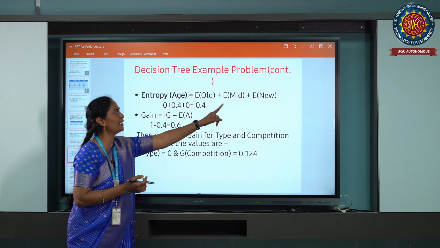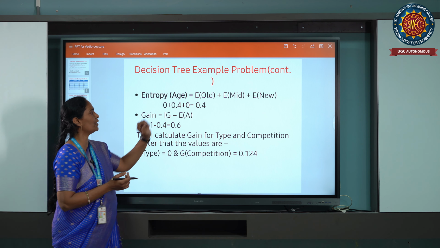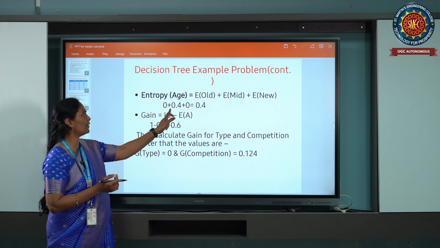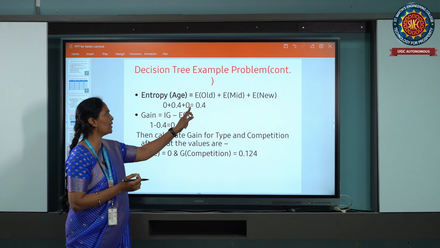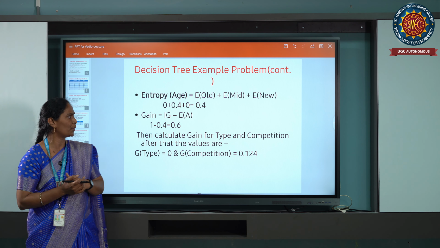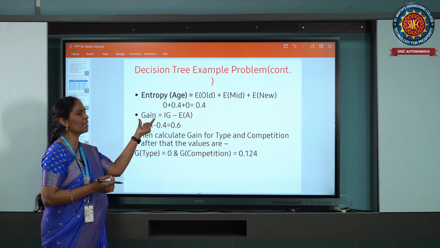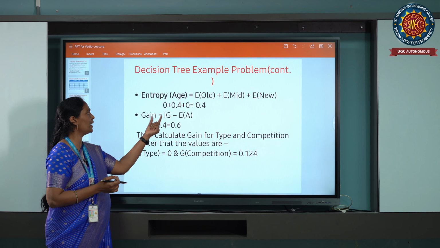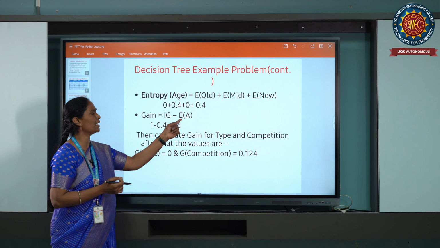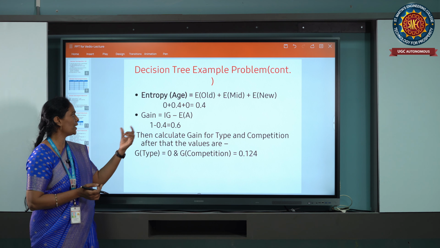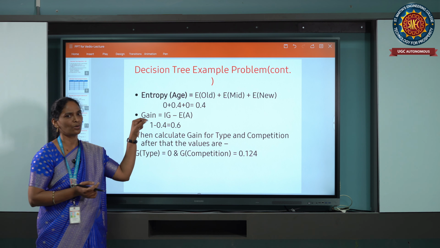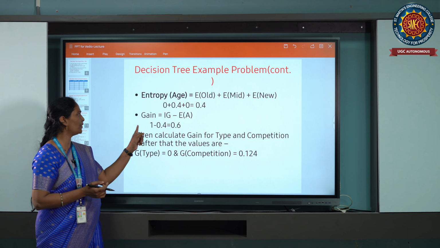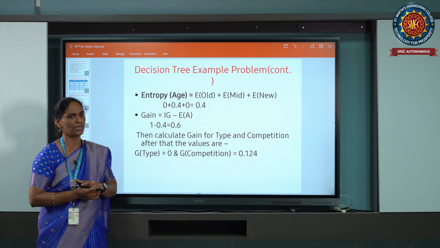So I have added here 0 plus 0.4 plus 0, totally you will get the 0.4 value. Then the gain we have to calculate from this one. The gain is information gain minus entropy of age. The information gain we got as 1 there. So 1 minus 0.4 you will get 0.6.